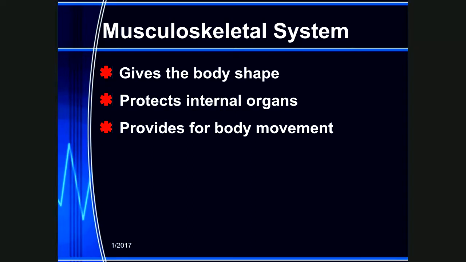So the musculoskeletal system has a lot of importance to it. The skeleton itself consists of the skull, the spine, the ribs, the sternum, the shoulders, the upper extremities, the pelvis, and the lower extremities.